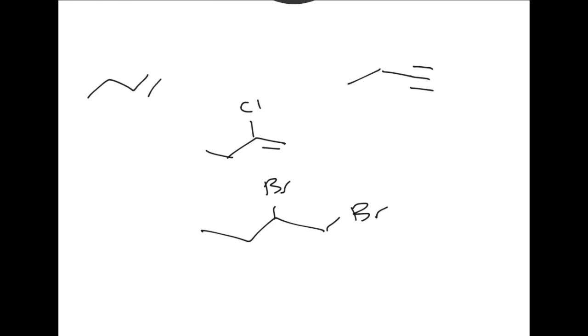If your starting material is this alkene, right? You don't know how to go from an alkene to a vinyl halide, right? So even though this is a possibility, you can get from here to here. You don't know how to do that, right? You don't know how to get from there to there.